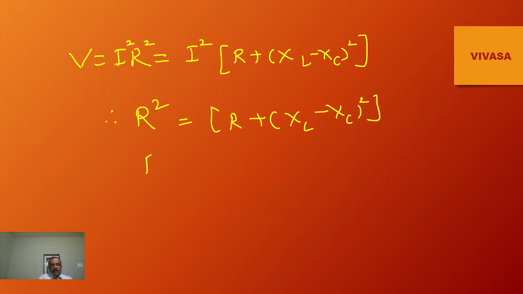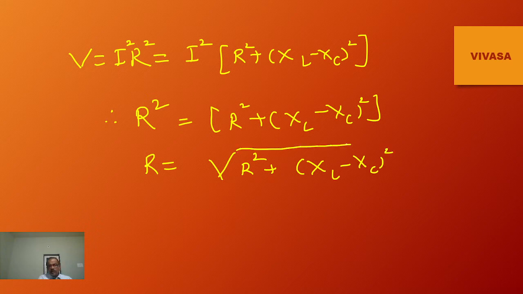Now you find the value of R, which becomes the square root of R square plus (XL minus XC) whole square. This is your resistance.